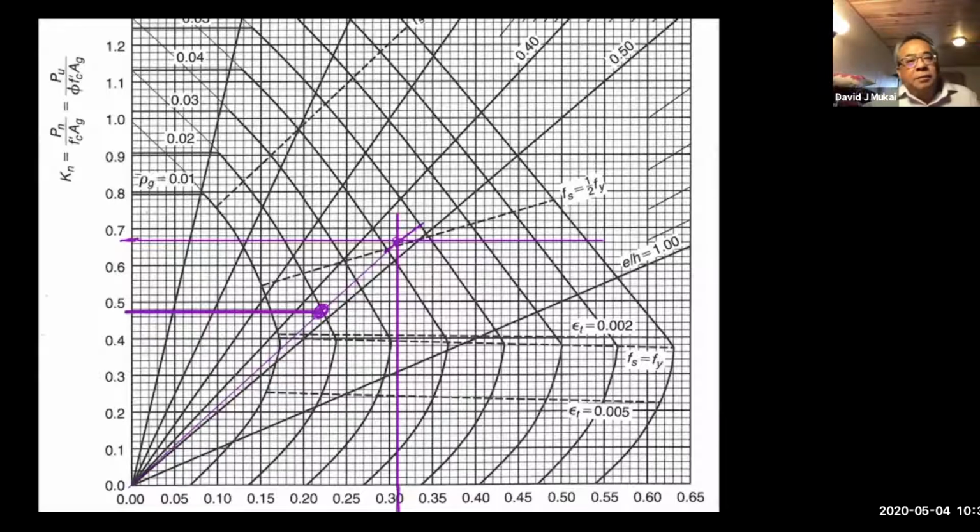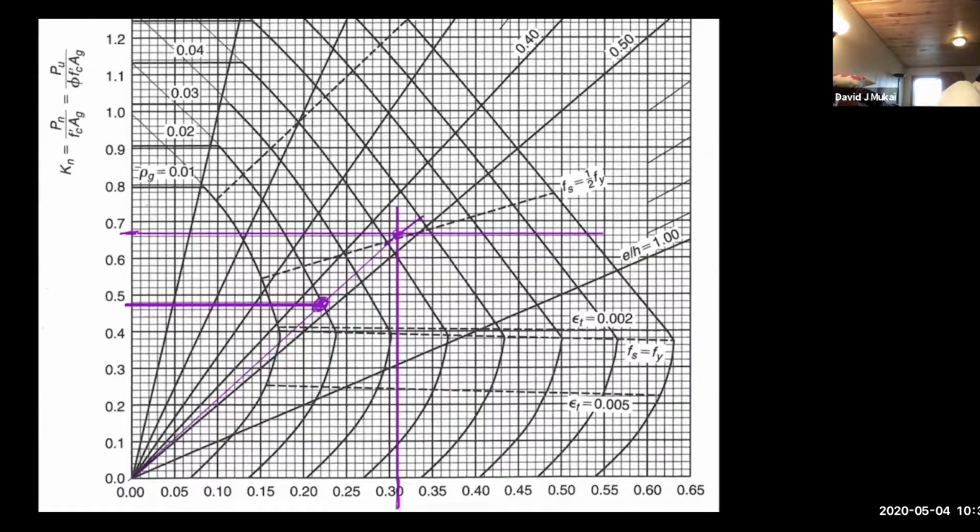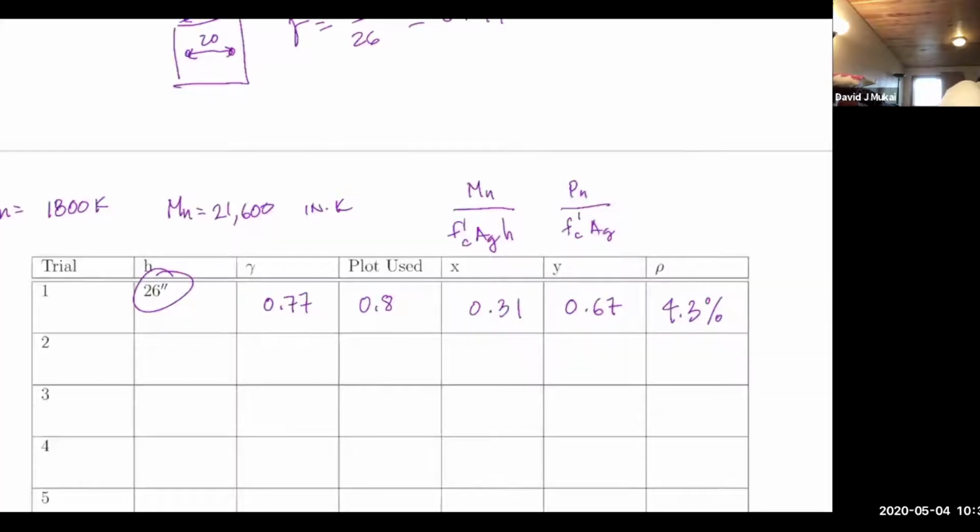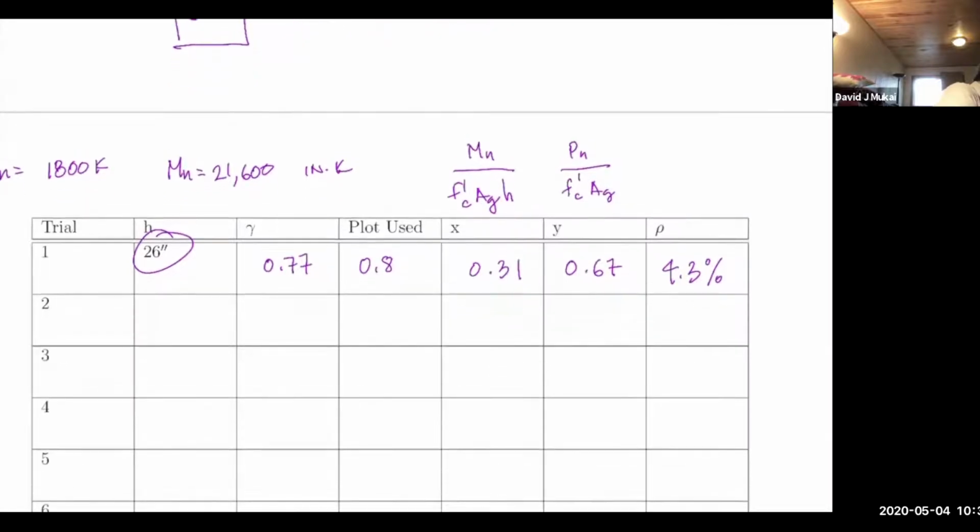So what you really wanted was about 0.48 for the y-axis, okay? Not whatever we had before. So what we want for the next guess, what we wanted, let me do it up here.